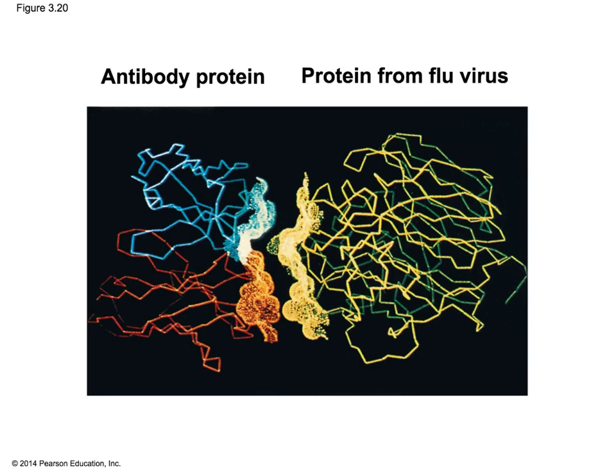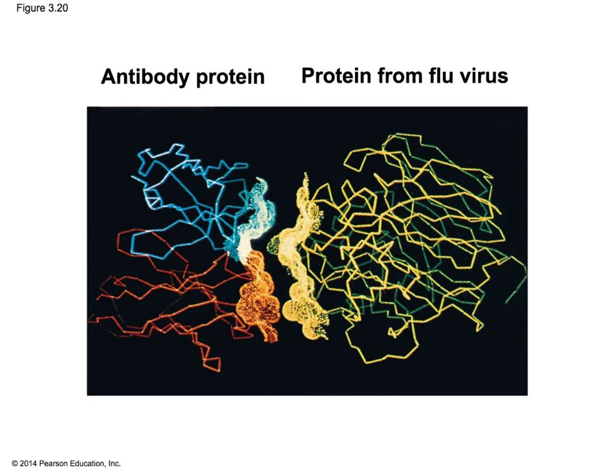So here's a protein from a flu virus, which could be the one used in your flu vaccine. The vaccine is a portion of the virus that they're giving to you to initiate immunity, so you develop the antibodies that you have over there in the orange and blue. That antibody has a portion of it that is the right shape, or a similar shape, as the protein it is going to interact with.